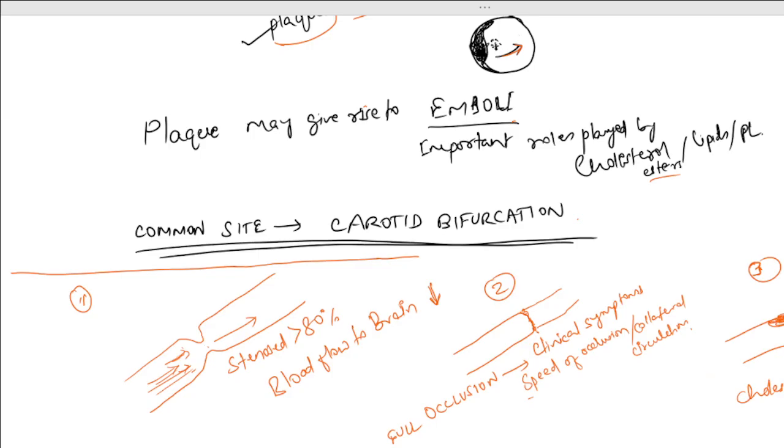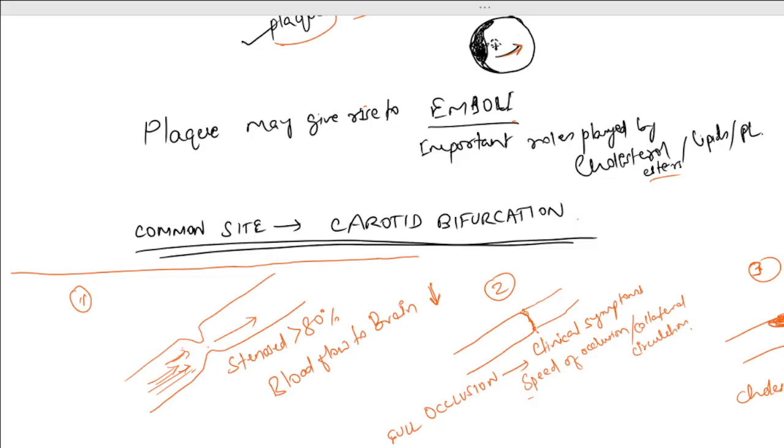Or if there is an atheromatous plaque, which I said can ulcerate, this ulceration can cause havoc. How will it cause havoc? In this, cholesterol emboli and platelet emboli.